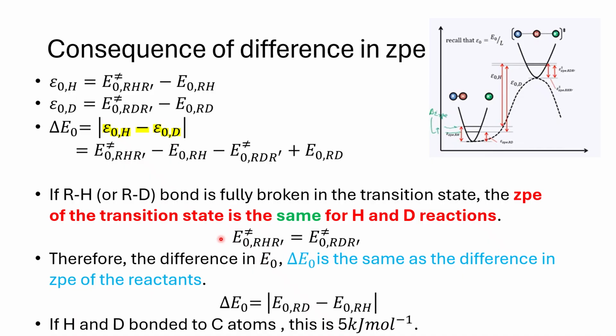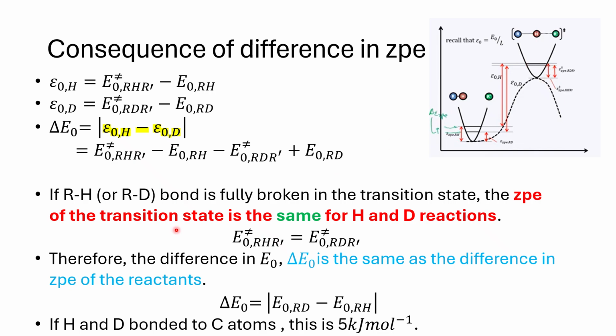Hence, you have these expressions here. There will be no two lines to separate the energies for the C-H and the C-deuterated molecule. There will only remain the same energy, just one line only.